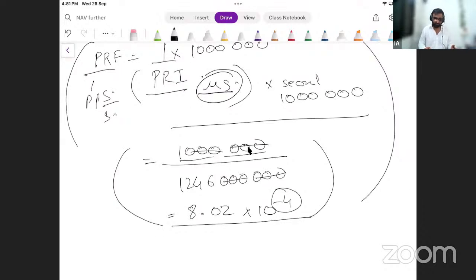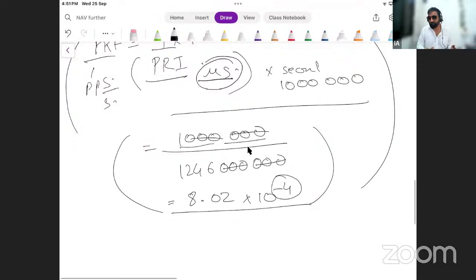Microseconds to seconds. Will I be multiplying or will I be dividing? That's the point.